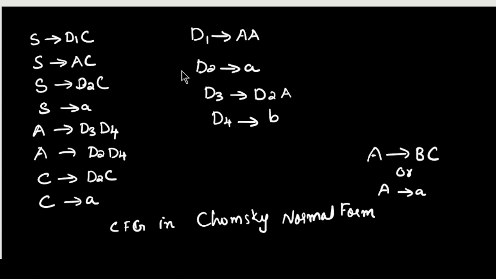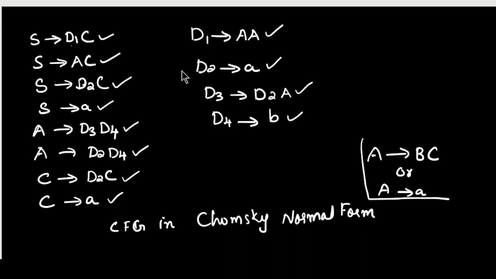Here we have two variables, D1 and C. Then here A, C, two variables. Here also two variables. Here a single terminal. Here two variables, two variables, two variables, single terminal. Here two variables, single terminal, two variables, single terminal. So all the productions are of this form or this form.